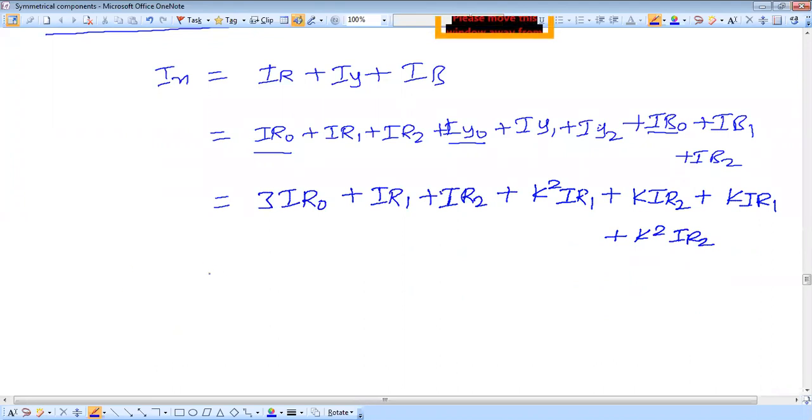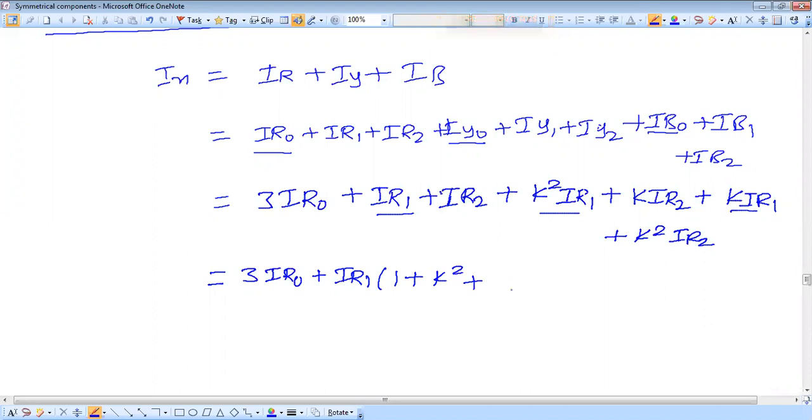Now IN equal to 3 times IR0. In this, IR1 is common, so what will we get? Here 1 plus K square plus K. Similarly, IR2 is common, what will we get?